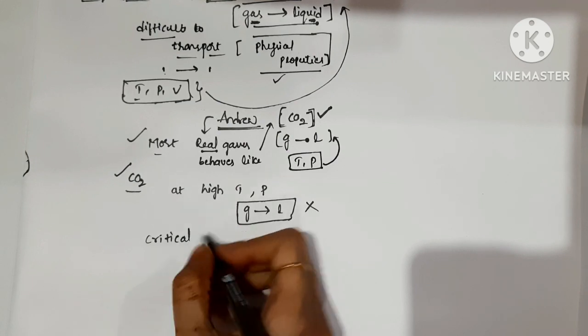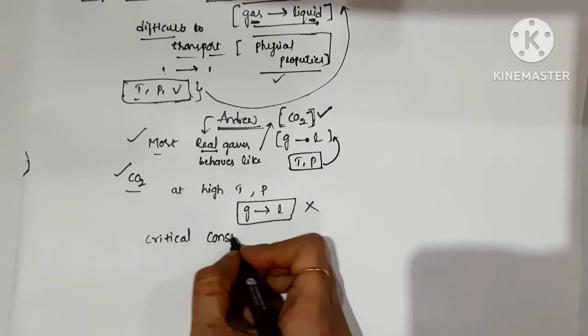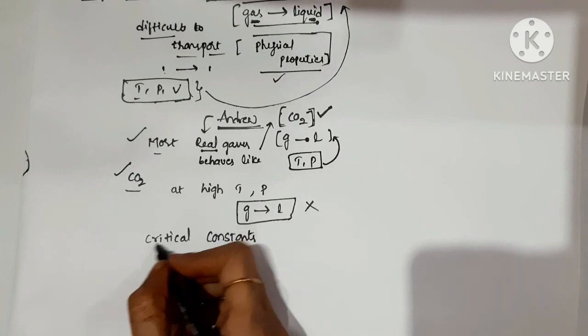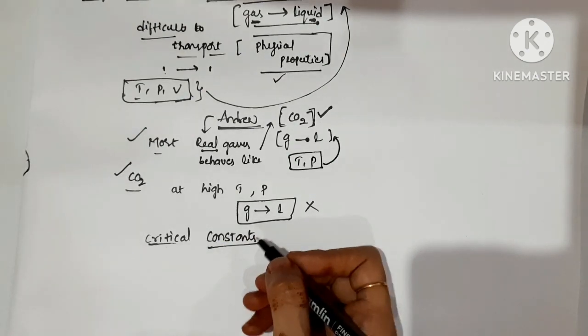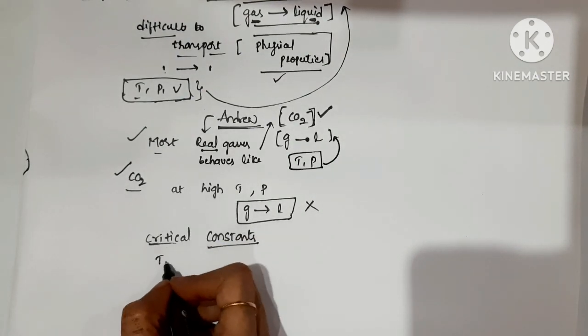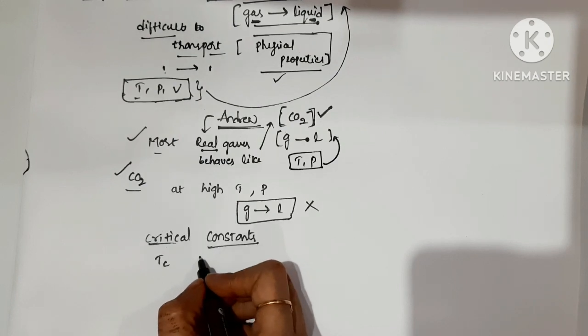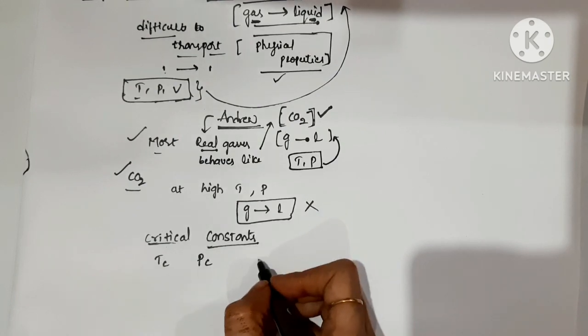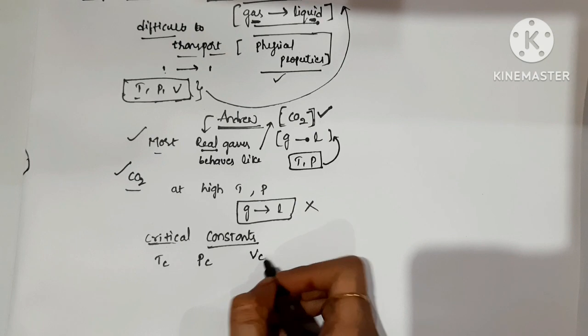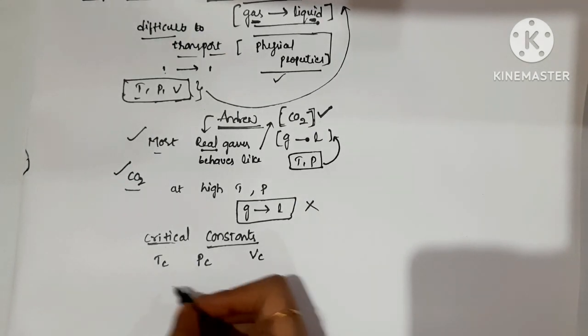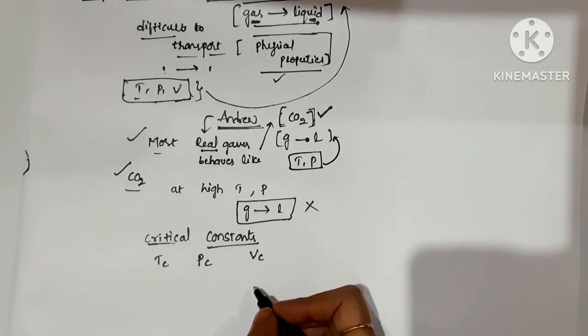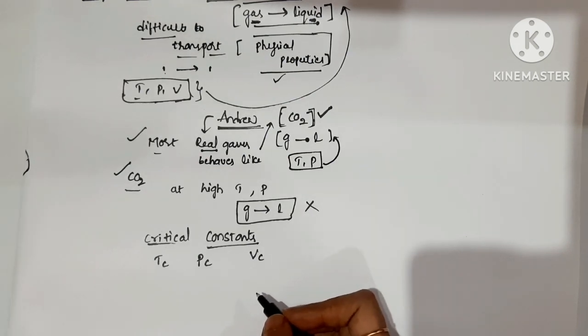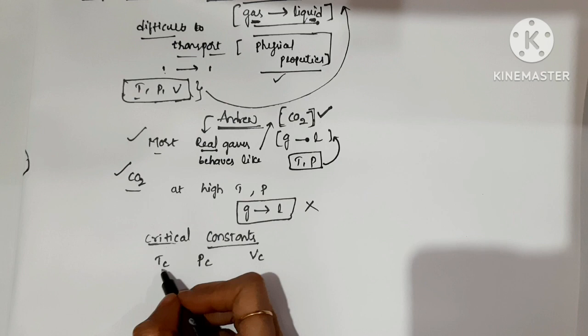Critical constants play an important role, right? What are critical constants? Critical temperature, critical pressure, critical volume. These are critical constants. First of all, what is critical temperature?